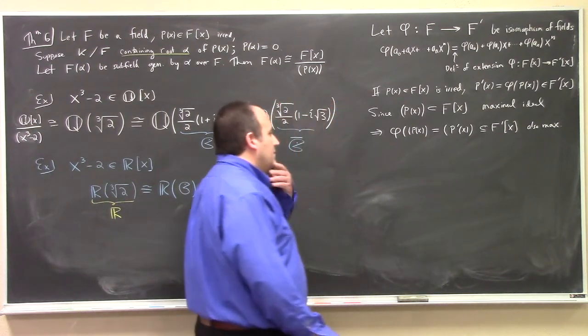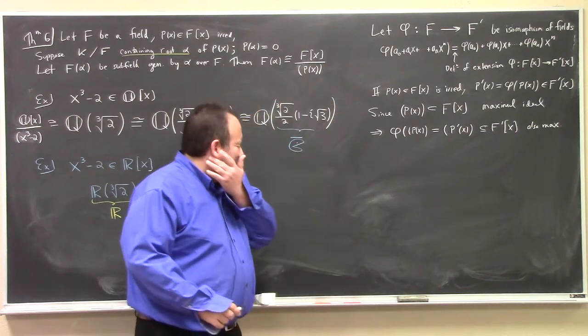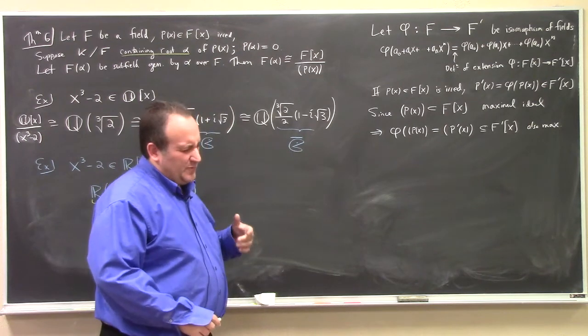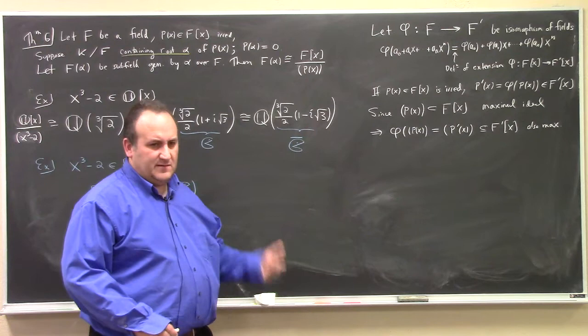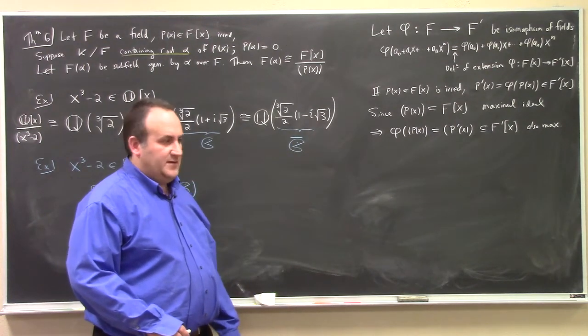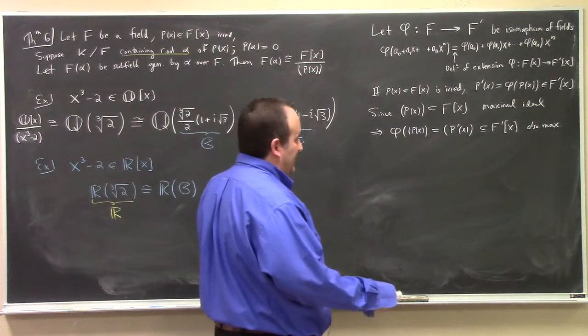And that follows from the theorems we have on the image of a subring, the image of an ideal being an ideal, and the inverse image of an ideal being an ideal.